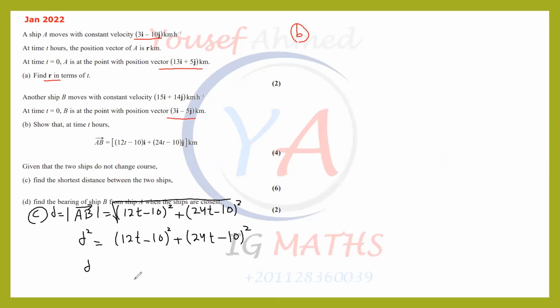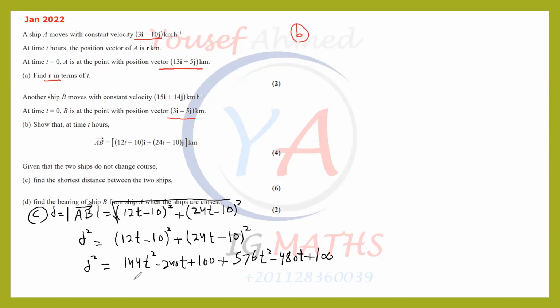The distance squared, you need to expand the bracket, so it will be 144t squared plus 100 minus 240t, added to 24 squared is 576t squared, plus 100, and in the middle minus 480t.